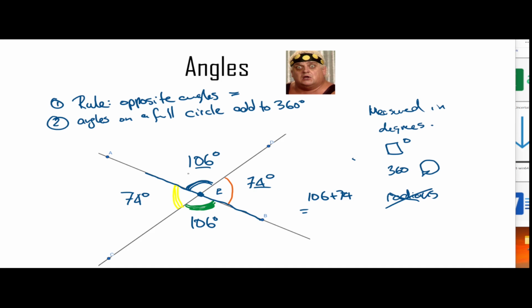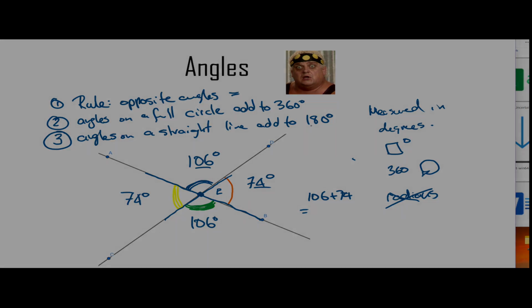Notice as well, this angle and this angle add to 180, this angle and this angle add to 180, and this angle and this angle add to 180, because this is also a straight line. So a third rule of angles is angles on a straight line add to 180 degrees.